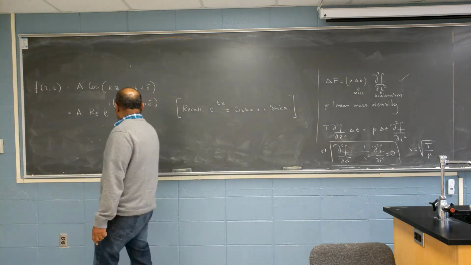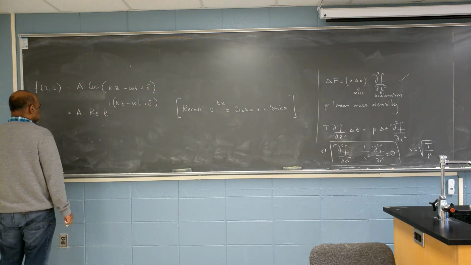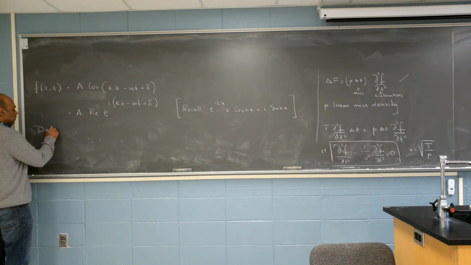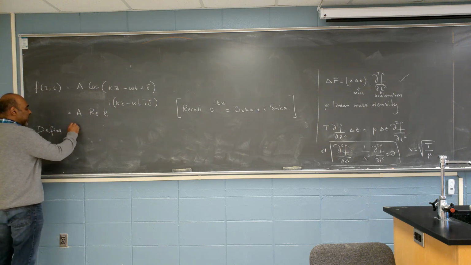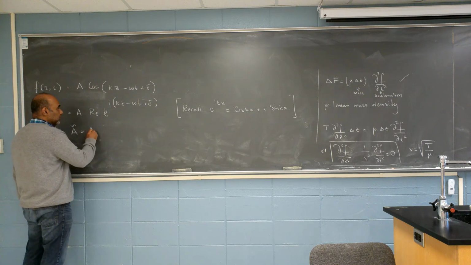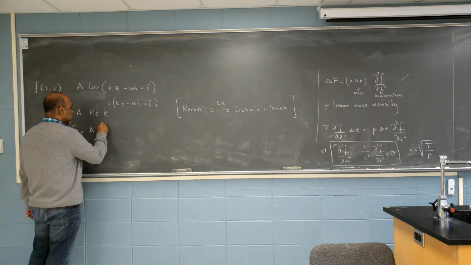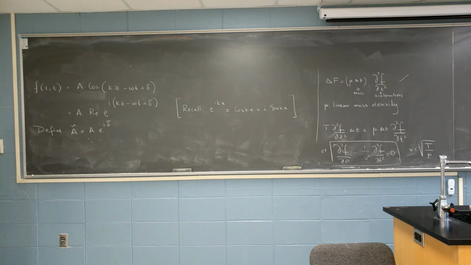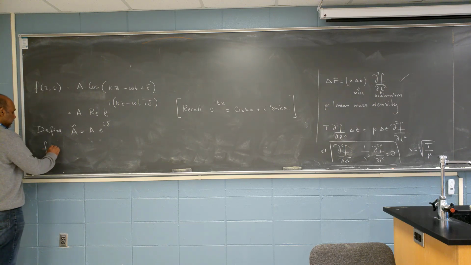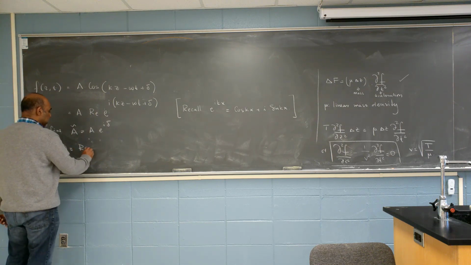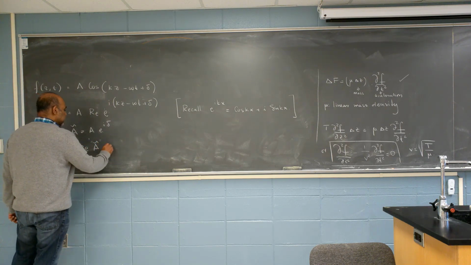All right. So then what we will do is define, since I don't like this delta, a complex amplitude A tilde by A times e to the i delta. So then I would have f of z, t to be the real part of A tilde e to the i(kz minus omega t).